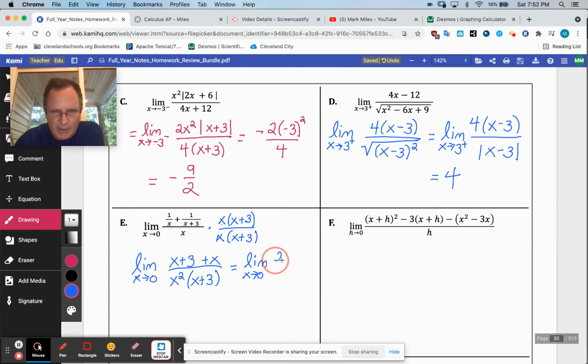So my numerator is 2x plus 3, and my denominator is x cubed plus 3x, which I think I just want to leave like this for right now. So here we go. I'm going to leave it factored just for a moment so we can talk about it.